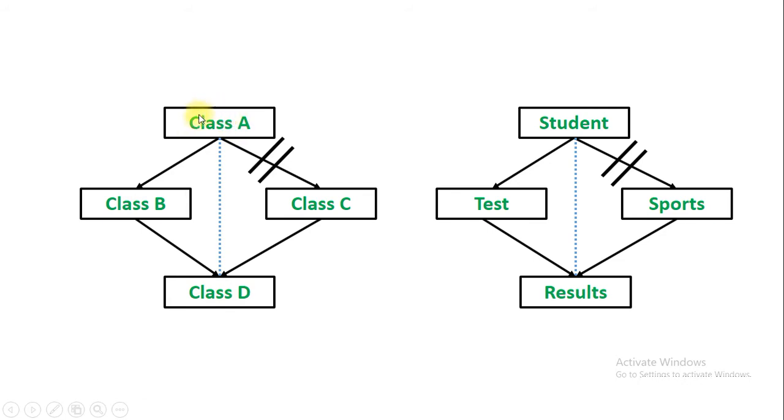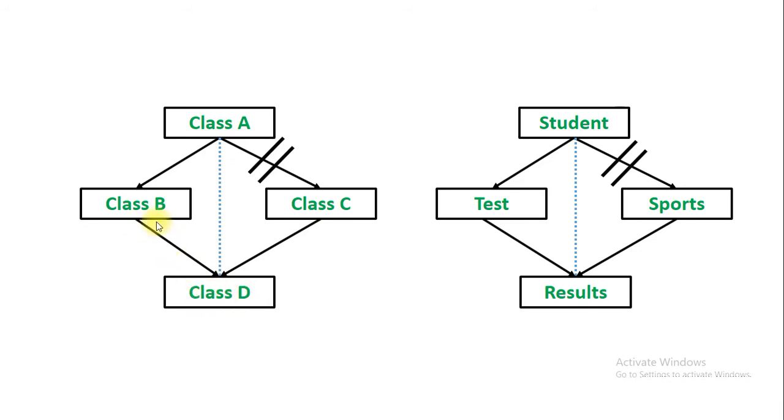Suppose the grandfather says that I have 100 rupees. Listen carefully. Suppose class A, the grandfather class, says to both children that I have 100 rupees. Now what happens when class B delivers the property to class D?